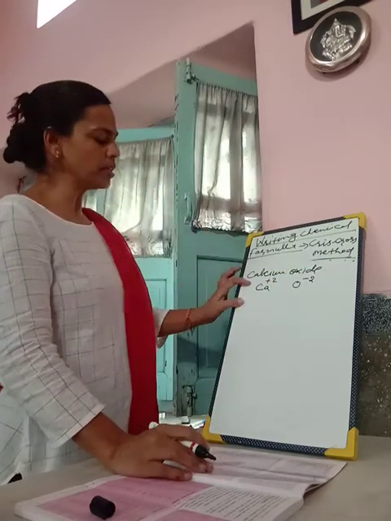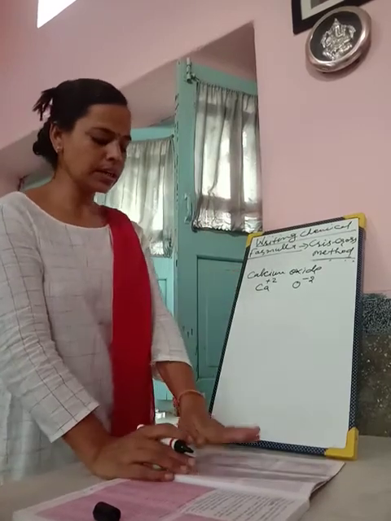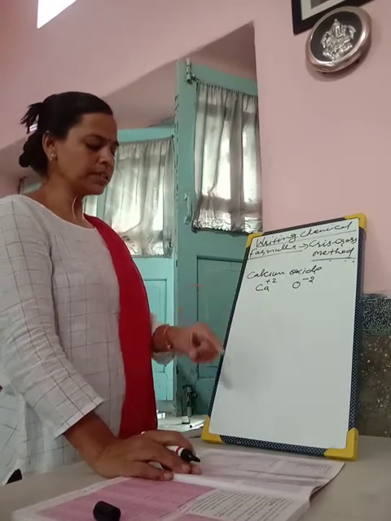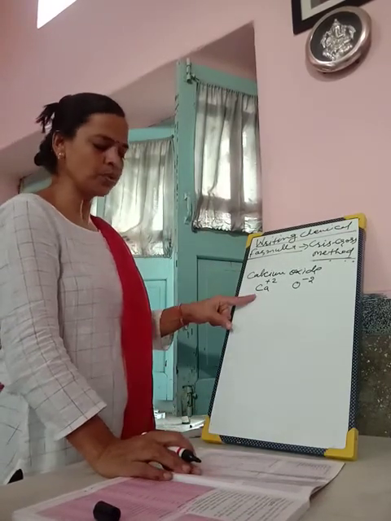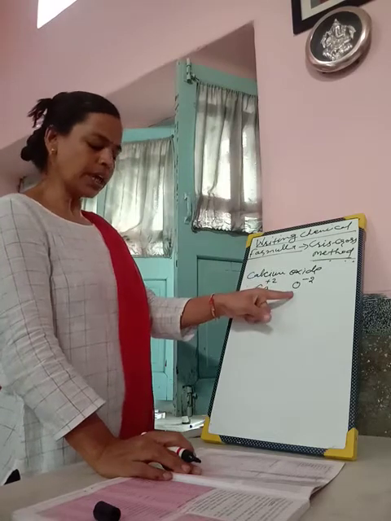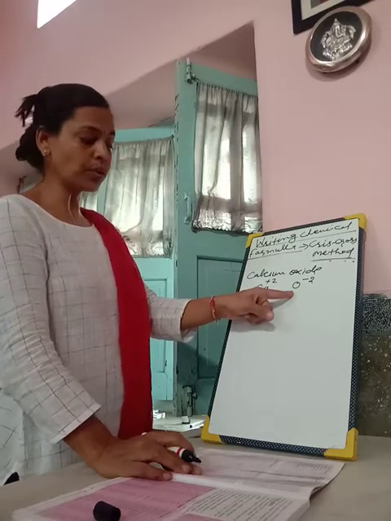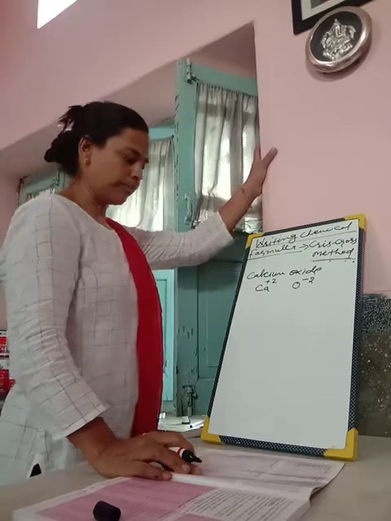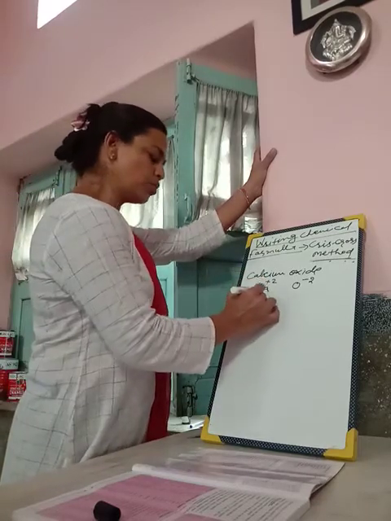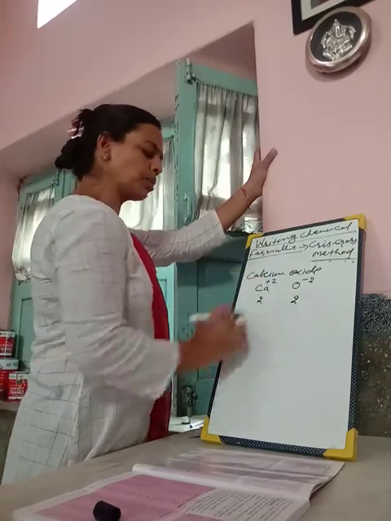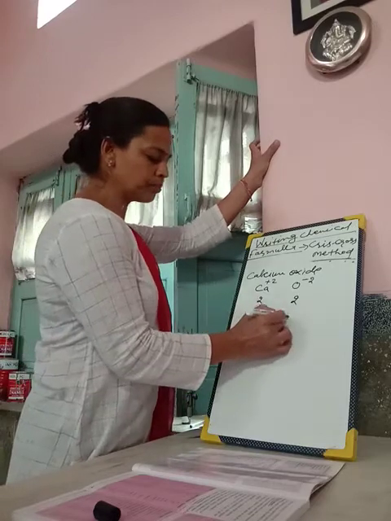You can see the valency in the given table. Calcium is a divalent electropositive and oxygen has divalent electronegative ion. Now put their valency at the bottom of them and cross them.